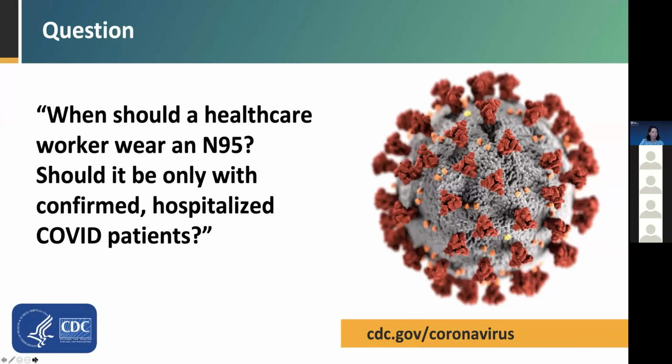But N95 use is also recommended as a part of the personal protective equipment that should be used with people who you know have SARS-CoV-2 infection or who you suspect has SARS-CoV-2 infection. One important distinction, you should be wearing that N95 along with all of the other recommended personal protective equipment, a gown, gloves, and eye protection when you suspect they could have it or when you know they have it.